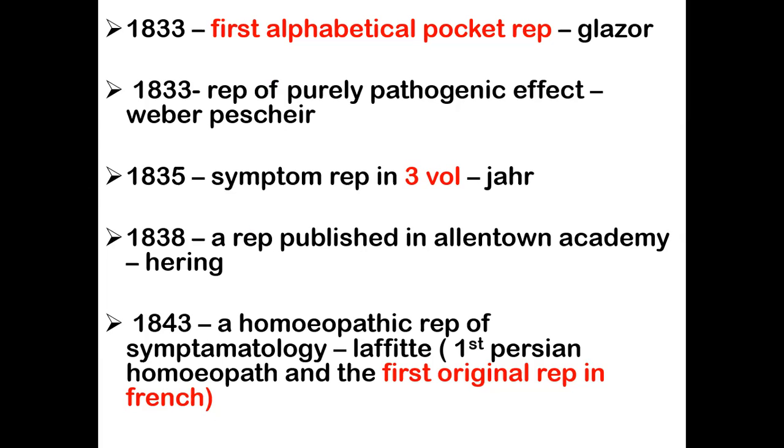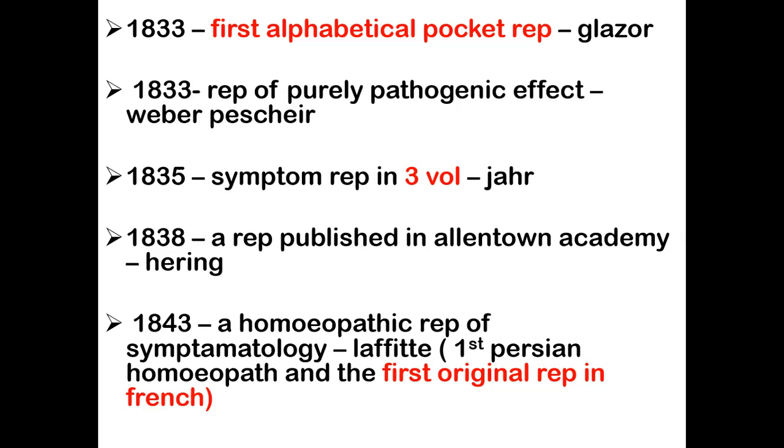So here are two repertories in 1833: first, the alphabetical pocket repertory by Glaser, and the repertory of purely pathogenetic effect by Weber Pasteur. So you can learn through it also that in 1833 the total is two repertories. Which repertory, and given by which author.